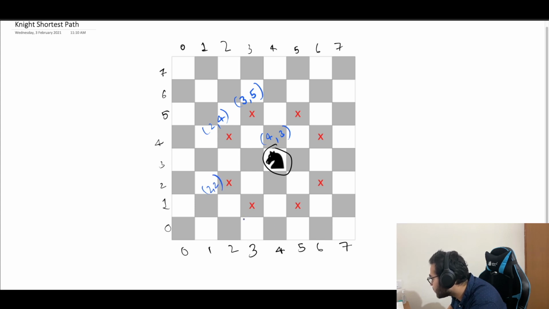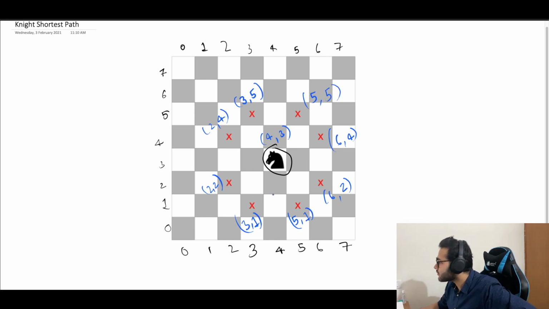This is 3 comma 1. This is 5 comma 1. This is 6 comma 2. And this is 6 comma 4. And the last is 5 comma 5.